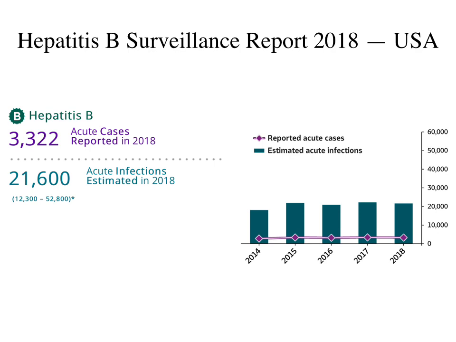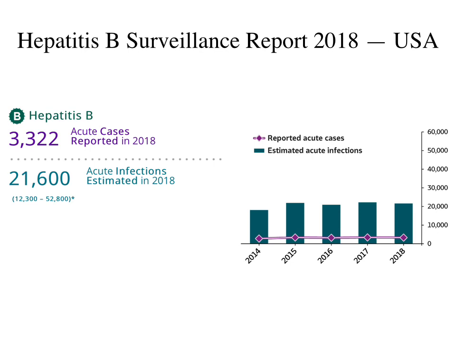Reported cases of acute hepatitis B declined after routine vaccination of children was recommended in 1991 and became relatively stable from 2010 through 2018. In 2018, a total of 3,322 acute hepatitis B cases were reported to CDC, resulting in over 21,000 estimated infections.